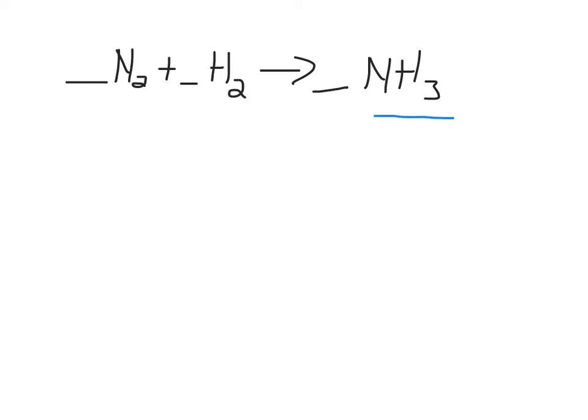The NH3 is a polyatomic ion. But is that NH3 on both sides? No. So you're going to separate those elements. So you're going to have nitrogen and hydrogen. Okay, we see this? Now, you need to first figure out how many you have on the reactant side, and then how many you have on the product side.